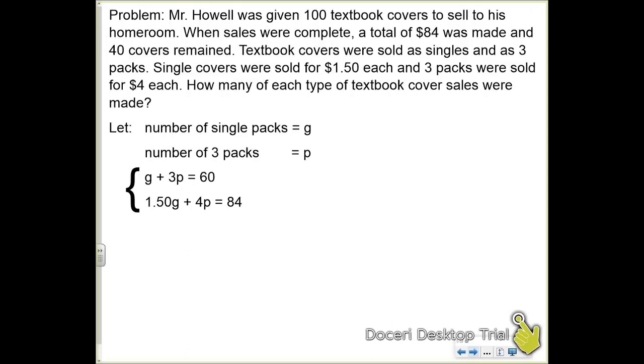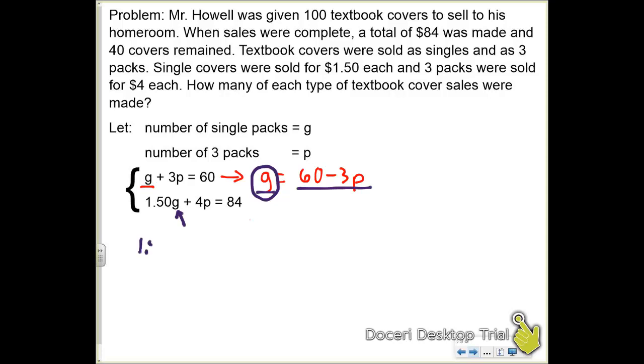Well, it looks like the top equation I can isolate g very easily by rewriting that as g equals 60 minus 3p. So now I can substitute g with 60 minus 3p anywhere else I see g in the problem. So if you look at this problem over here, we can see we have a g right there, which means that g is the same as this g here, which means I can substitute it with 60 minus 3p, and that's what I'm going to do to solve.